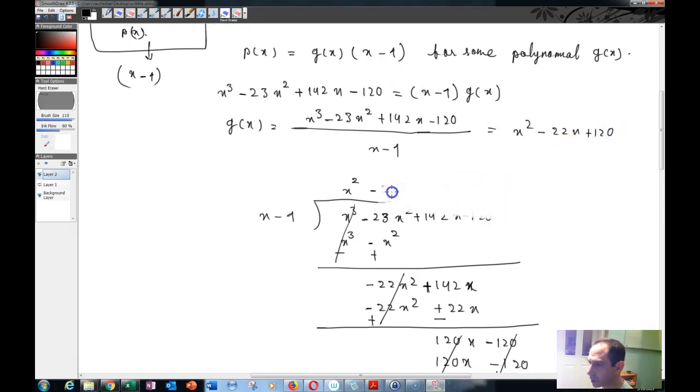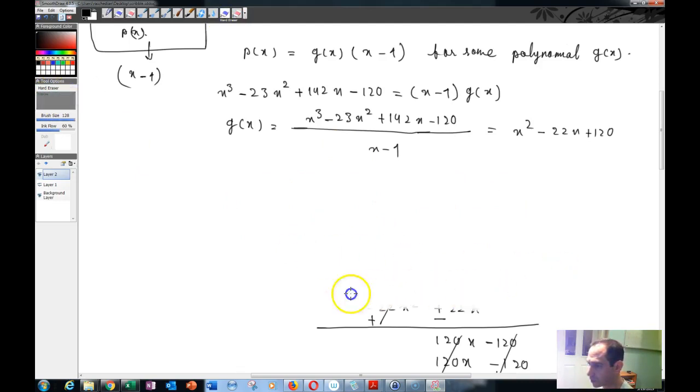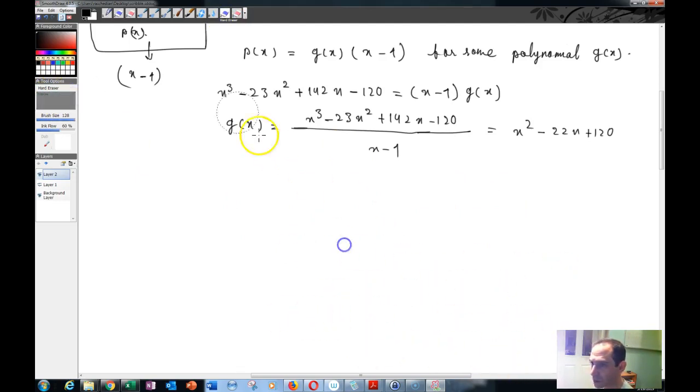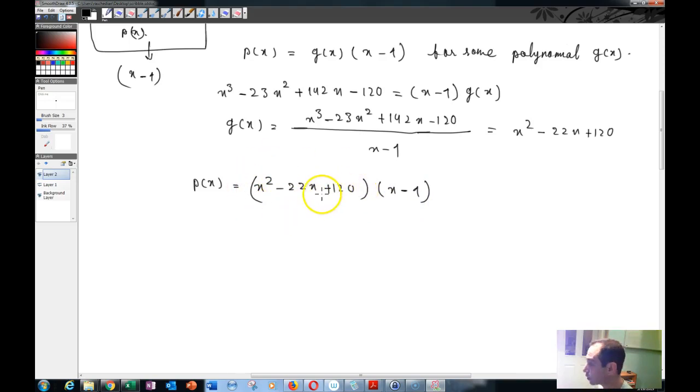Okay, now I erase all of this, and now what you know is that your p of x, which is the polynomial you started with, is x squared minus 22x plus 120 times x minus 1. Okay, so now you need to factorize this part, and this part is actually what you need to do.